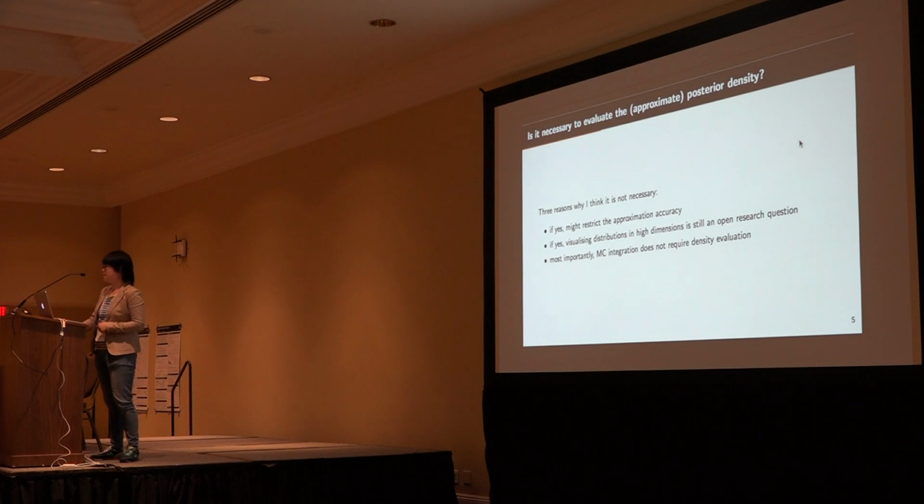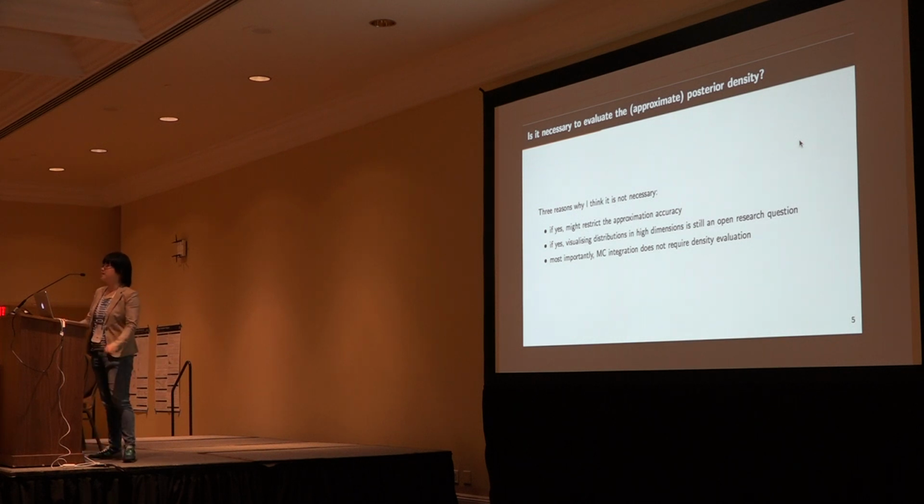And second, again saying that you want to evaluate the posterior density, visualizing the approximate posterior density in high dimension is still a very challenging problem. You can definitely say, I want to plot the marginal distribution in 2 dimensions. However, a single mode in a marginal distribution doesn't really mean a single mode in the joint space.